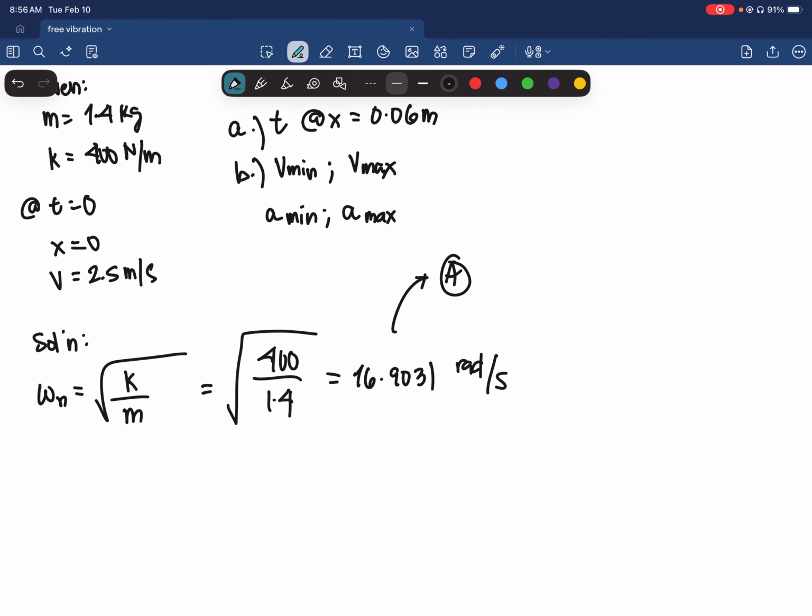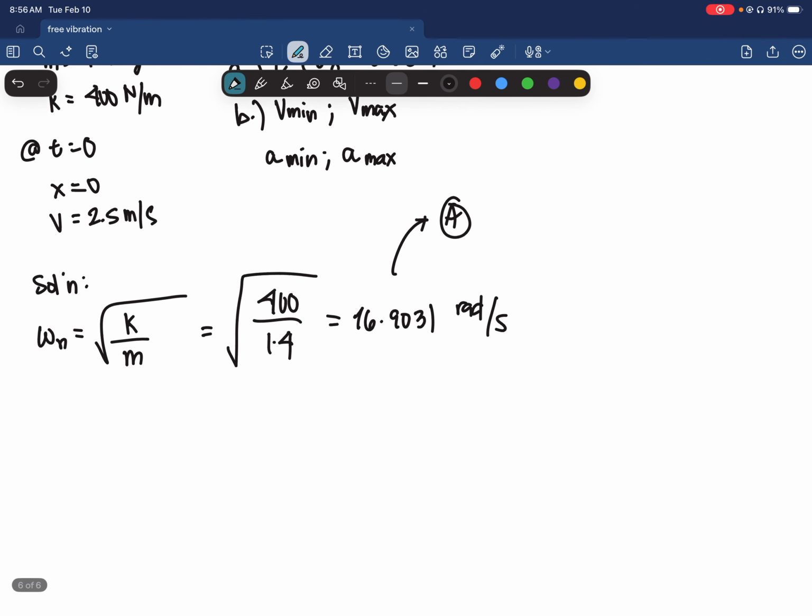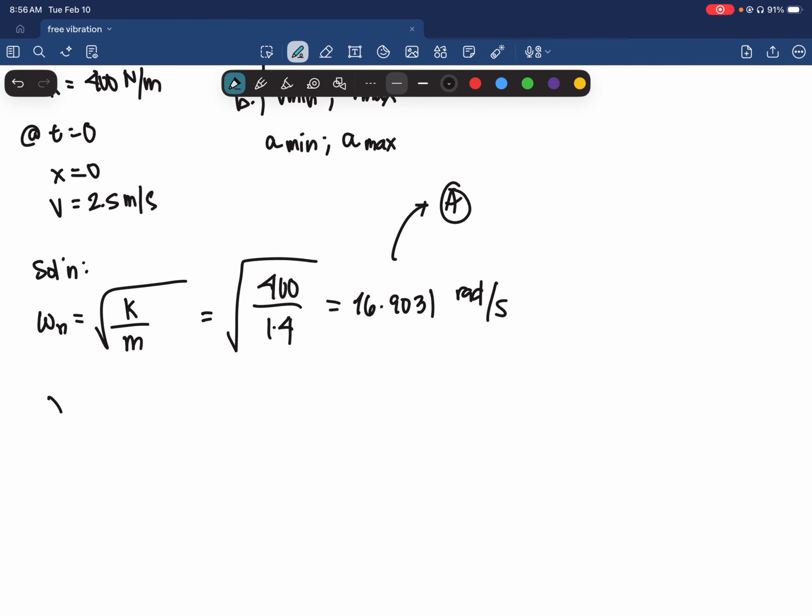Now, let's go back to our general solution. Right? General solution. So, x of t is equal to C1 cosine omega n t plus C2 sine omega n t.